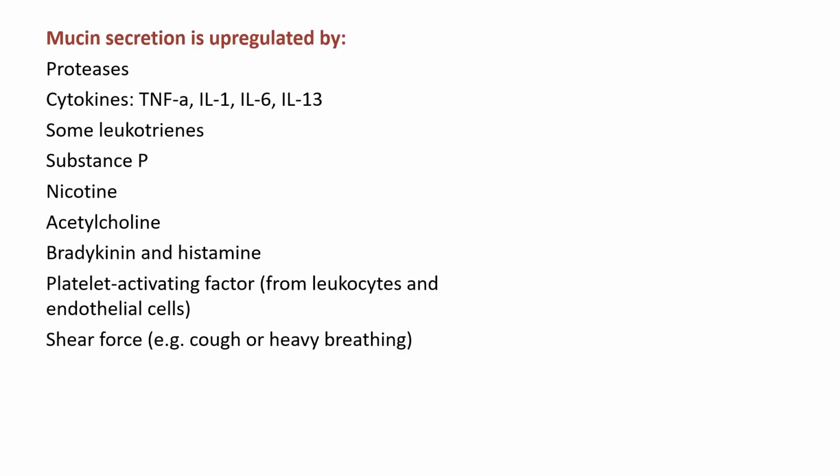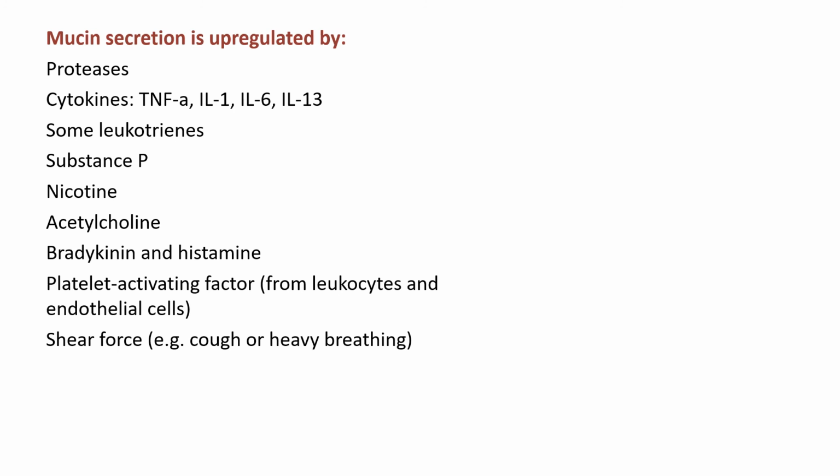So how do we increase our mucin secretion? Well, in the short term, if you look at this list, there's an awful lot of inflammatory mediators there. So we've got proteases. Proteases increase mucin secretion. We've also got cytokines. And note the first three: TNF-alpha, interleukin-1, interleukin-6. The big bad boys that come out to play in chronic inflammations. So COPD, tuberculosis. Interleukin-13 is common in asthma.